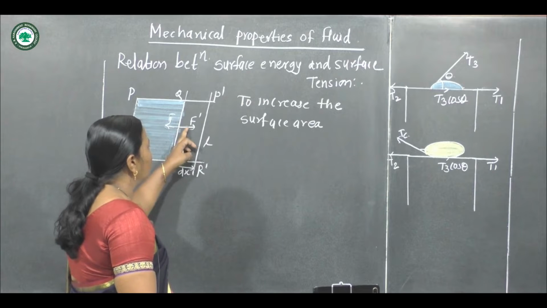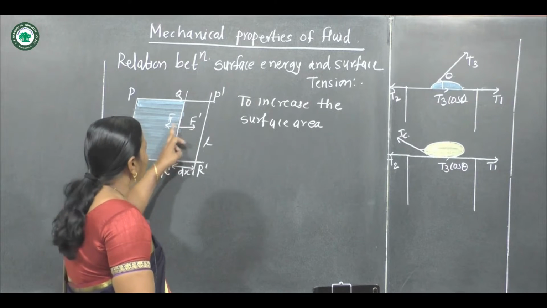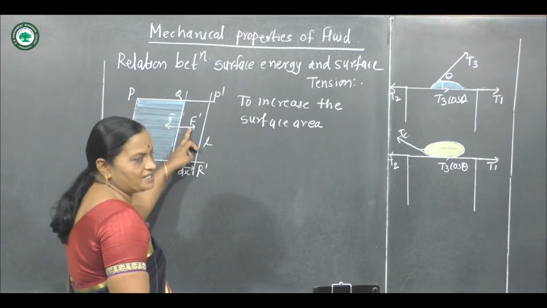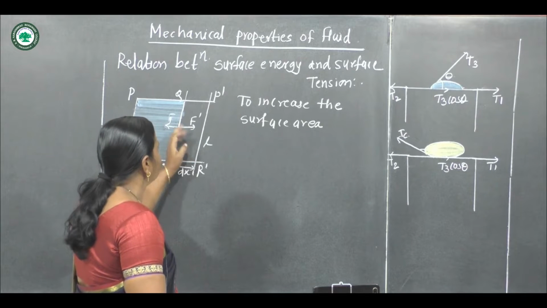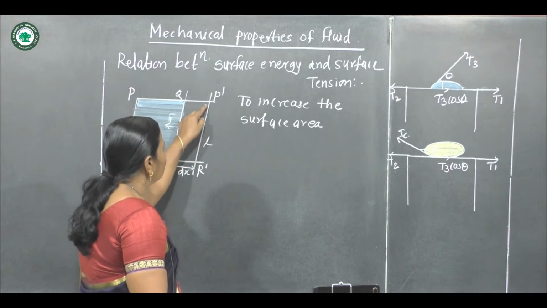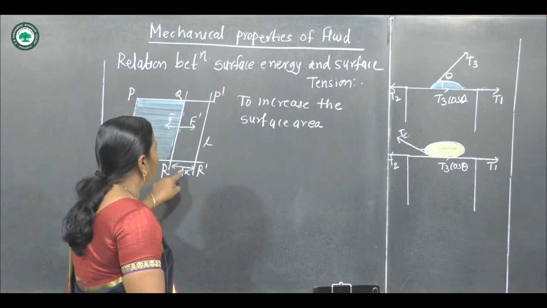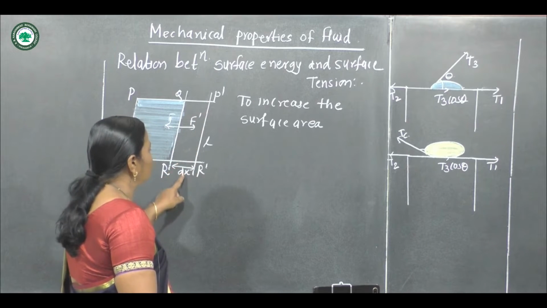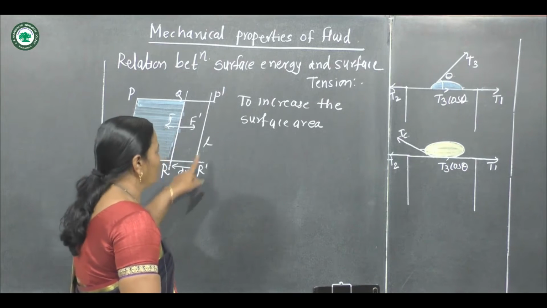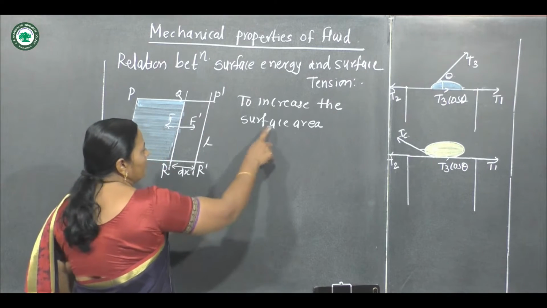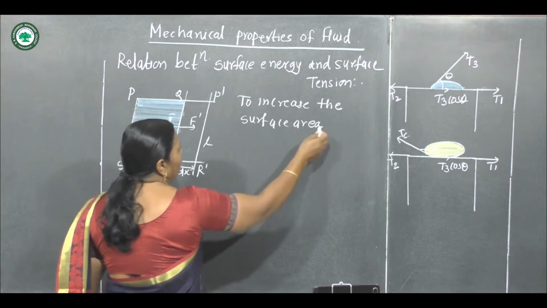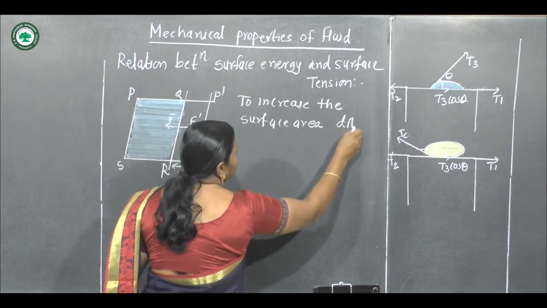There is a force F equal to F dash, but in the opposite direction. Area is increased. L is the length, and the frame is displaced through distance dx. Therefore, the increase in surface area can be dA, suppose.